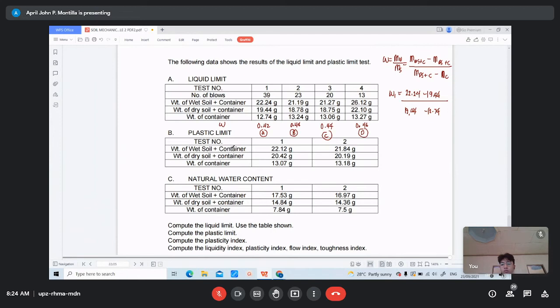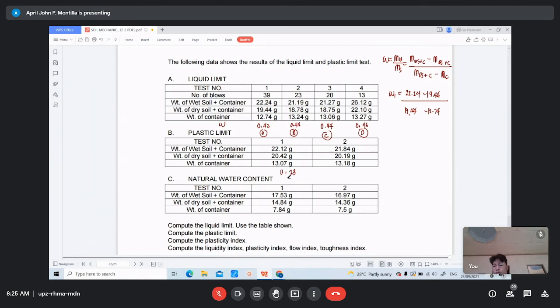No? Ganon din yung plastic limit. Ko-compute yung water content. So, for the first trial, compute 22.12 minus 20.42 over 20.42 minus 13.07. 0.23.